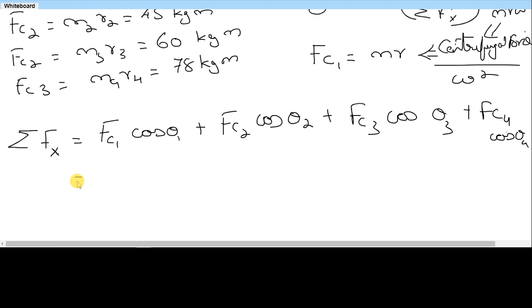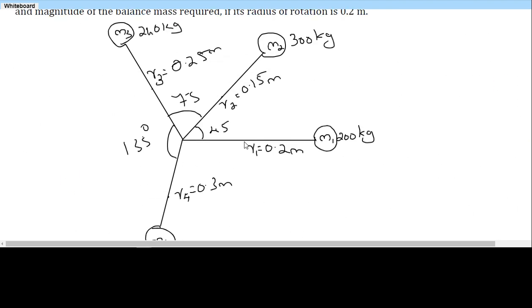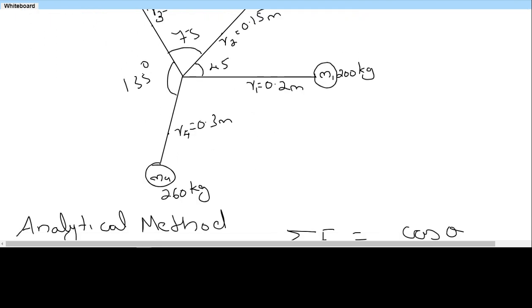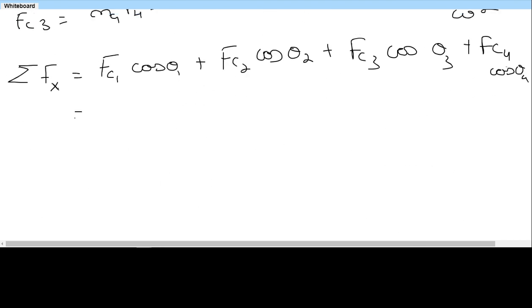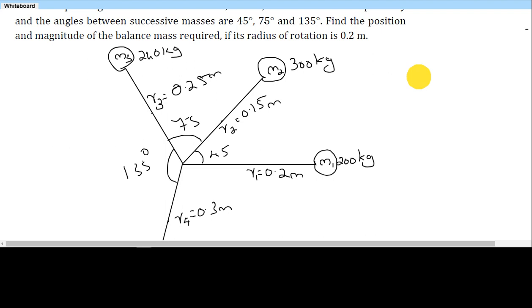And since we are taking the first mass here as horizontal, the first theta will be 0. That is the advantage of taking one of the masses as horizontal. So theta 1 will be equal to 0. Theta 2 will be equal to 45.